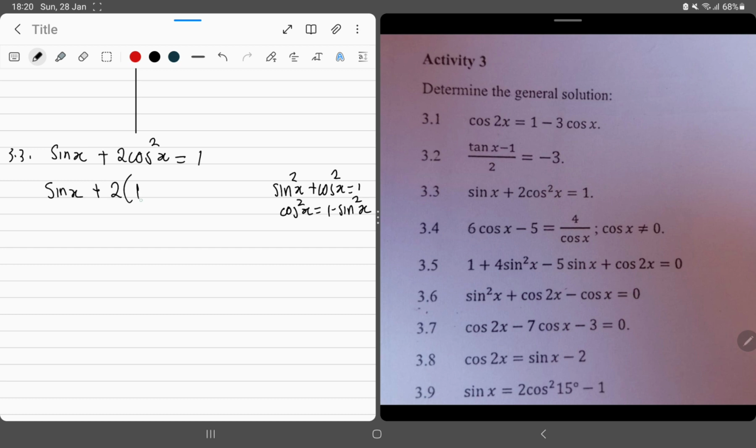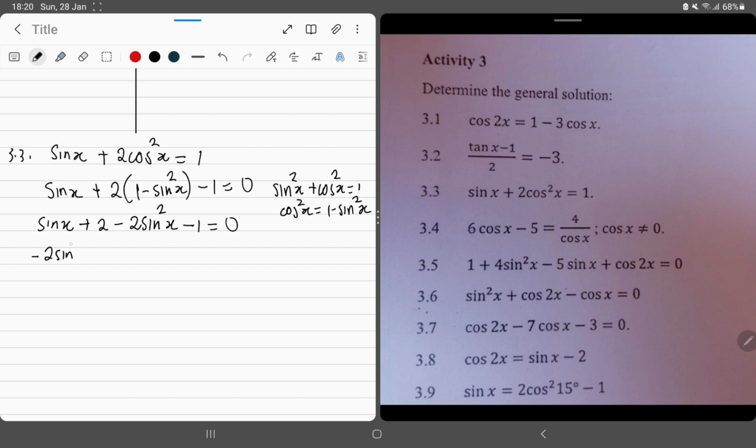Then I'm just going to substitute 1 minus sine squared x, then I'm bringing the negative. So this is sine of x plus 2 minus 2 sine squared x minus 1 is equal to 0.